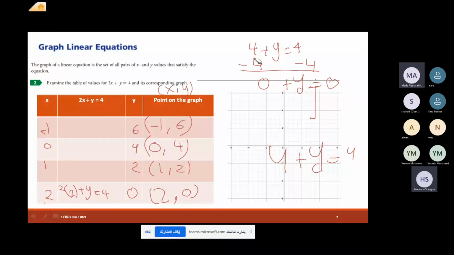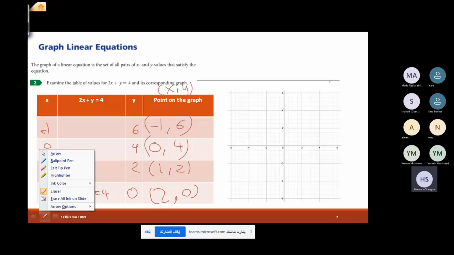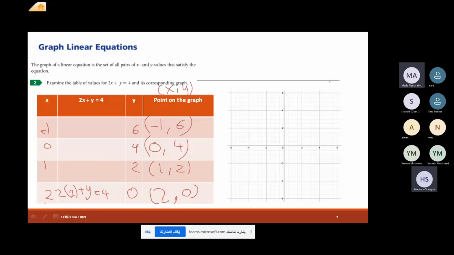Now, Teacher, I have a question. Teacher, from where did you get 2 to the power of 2 plus y equals 4? That is not a linear equation. Sorry? This one? It's not to the power. It's 2 times 2 plus y equals 4.